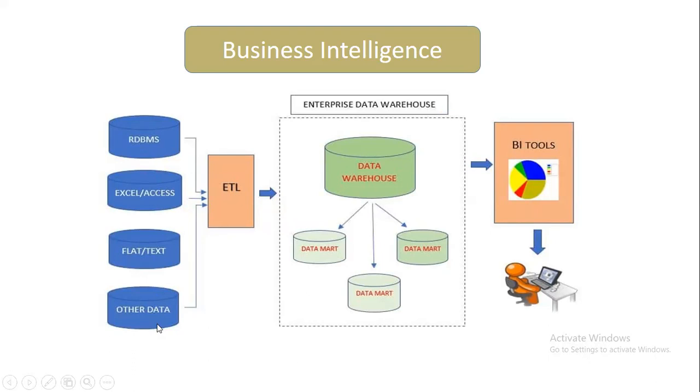On the left side, we have the raw data coming from various sources, like relational database systems, flat files like text, CSV or Excel files, Microsoft Access, or let's say SAP or Jira files. All this raw data is subjected to ETL. ETL here means extract, transform, load.